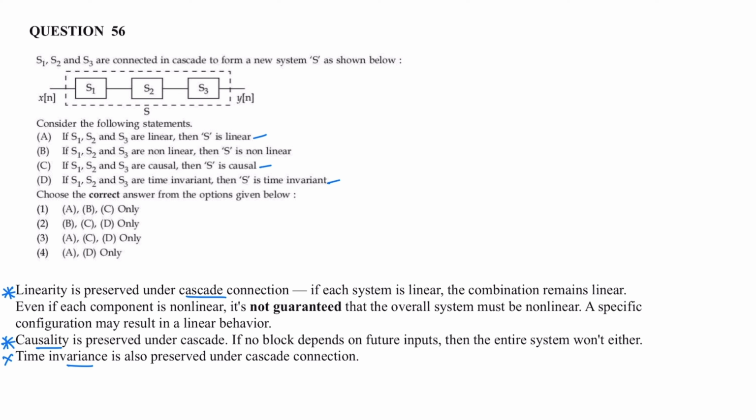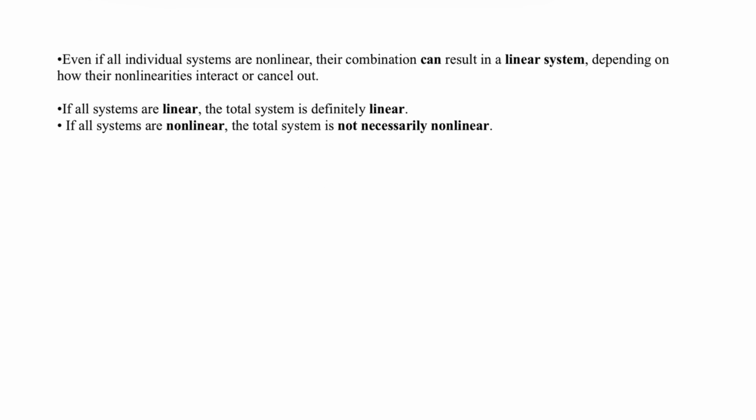Whereas statement B says three systems are non-linear, then S is non-linear. It may or may not be non-linear. Statement B is false. If all systems are linear, then the total system is definitely linear. If all systems are non-linear, then the total system is not necessarily non-linear. Let us take an example.